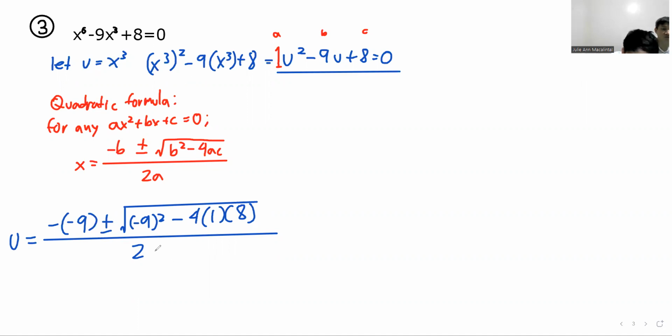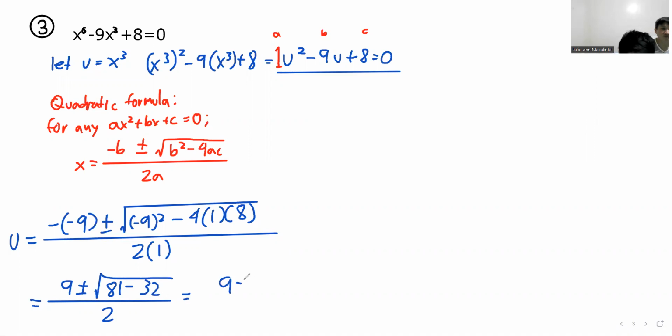So, simplification. 9 plus or minus the square root of whatever 81 minus 32 is. So 81 minus 32 is just 49.